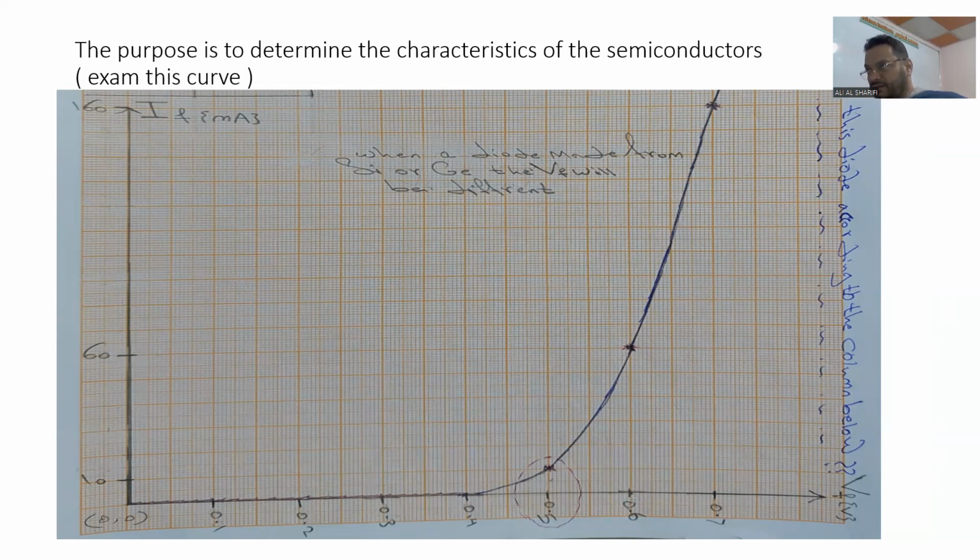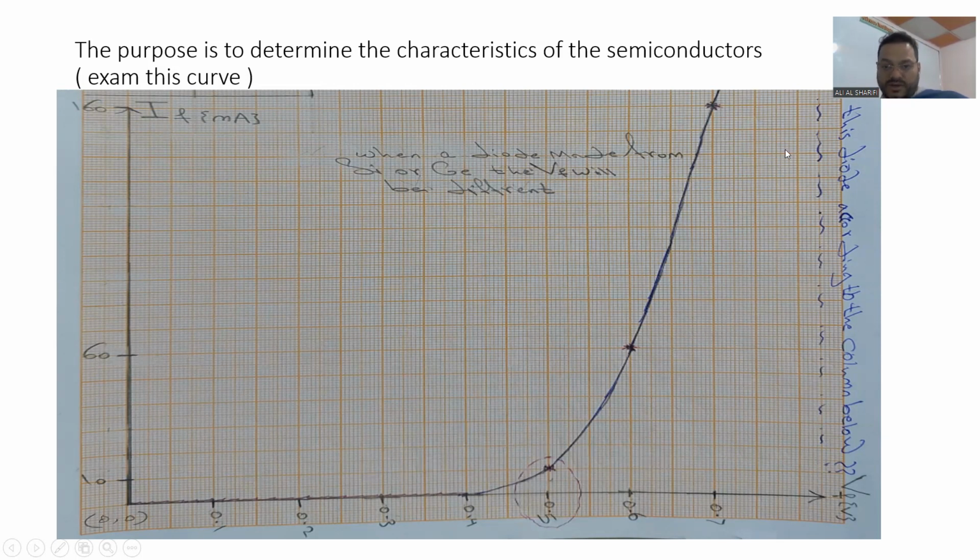The line starts to change its shape into a curve. At 0.5 it is 10 milliampere, at 0.6 it is 60 milliampere, and at 0.7 it is 160.